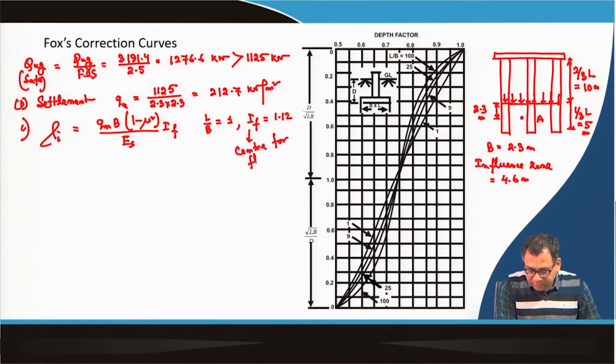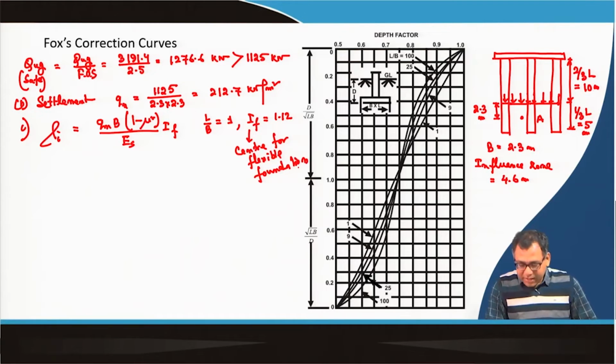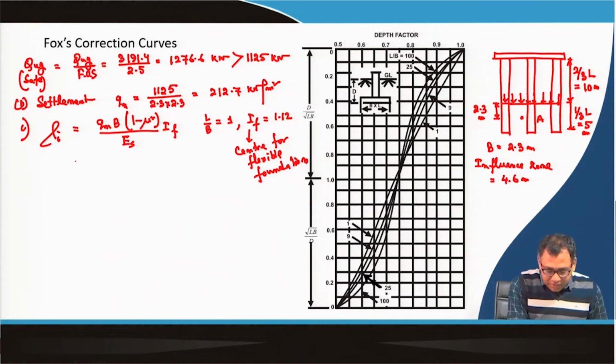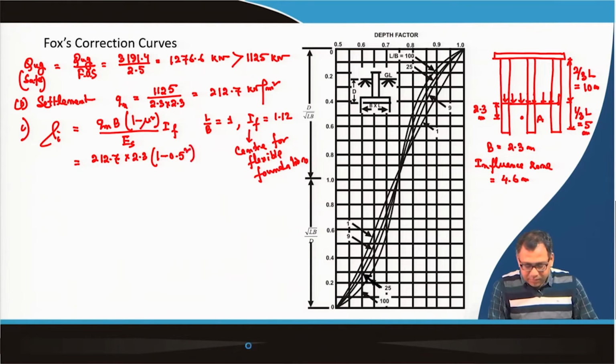This is for the center of a flexible foundation. But here we have considered it is a raft, so it will be a rigid foundation. So, now Qn is equal to 212.7, B is 2.3, mu is 0.5, this is 0.5 square.